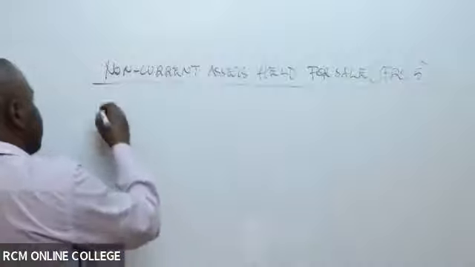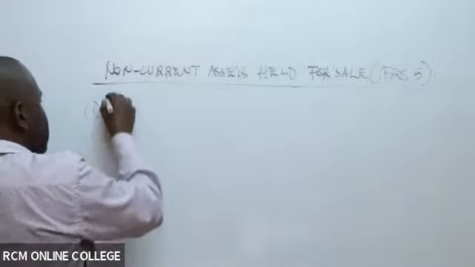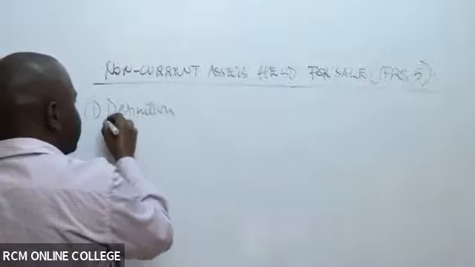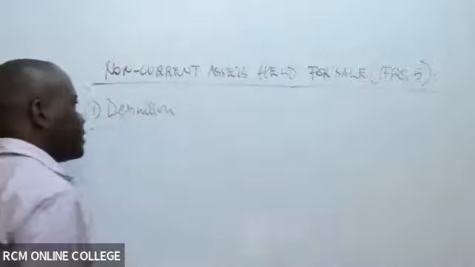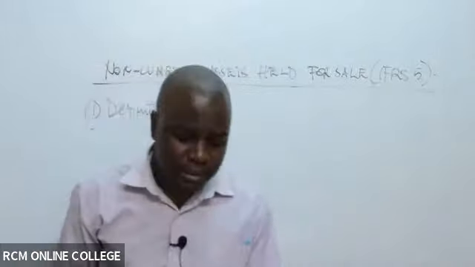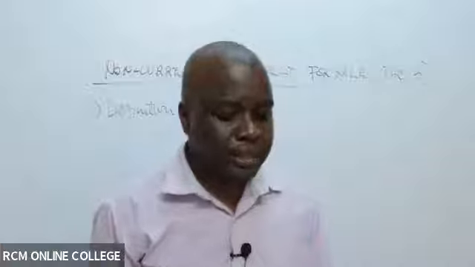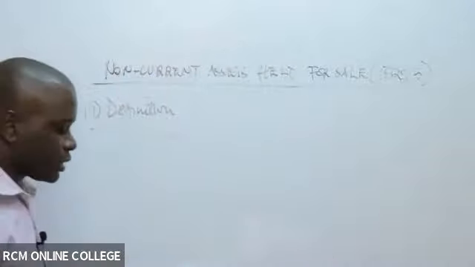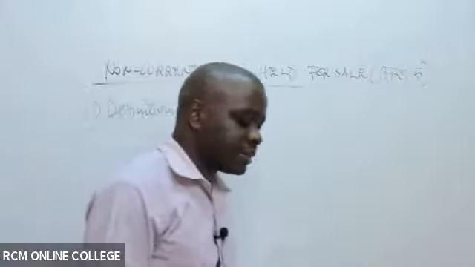Of course, we can start by looking at number one, the definition. What are these non-current assets held for sale? You can say these are assets which an entity plans to sell.